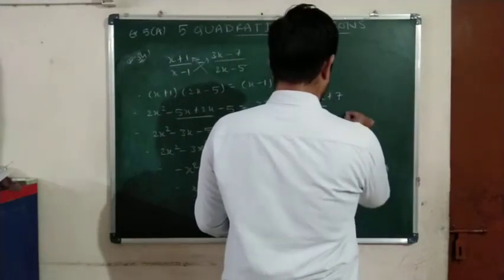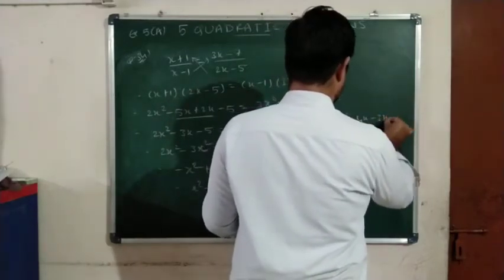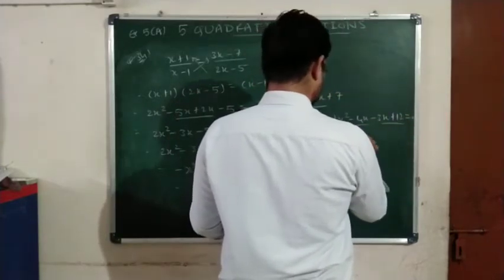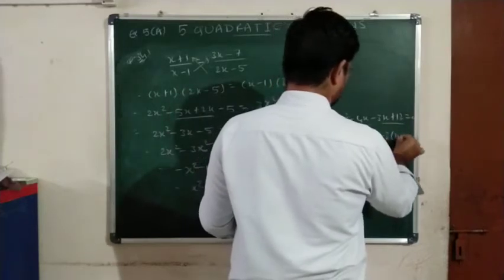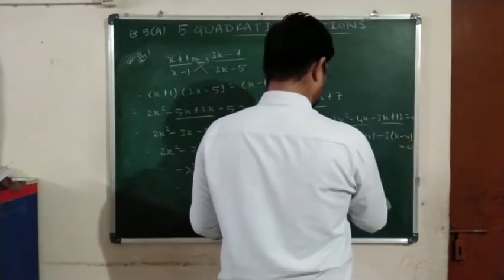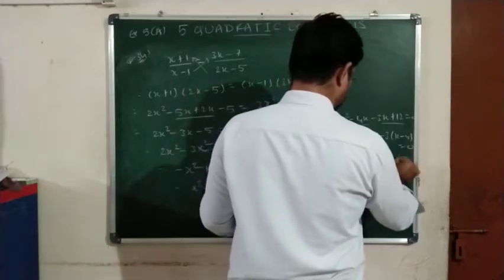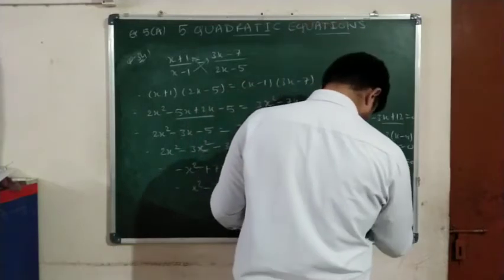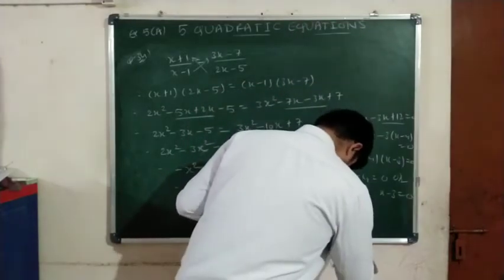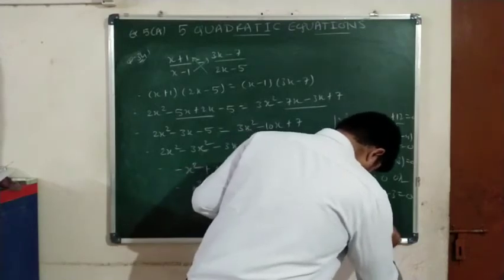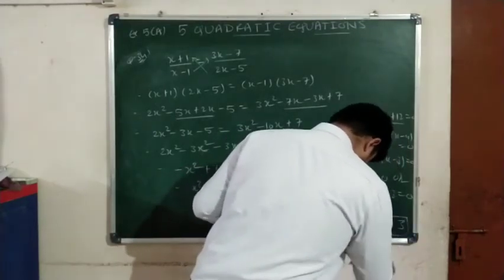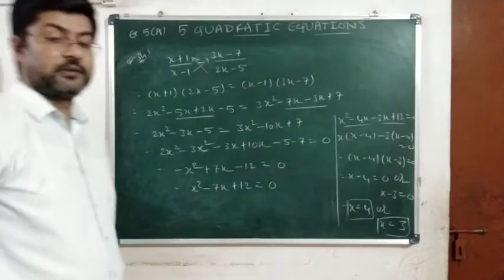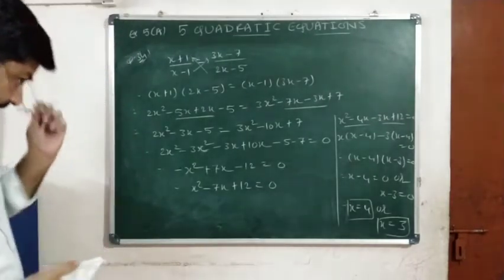So x square minus 4x minus 3x plus 12 is equal to 0. x common, x minus 4, minus 3 common, therefore x minus 4 into x minus 3, therefore x minus 4 is equal to 0. x is equal to 4 or x is equal to 3. So question number 34 is also over.